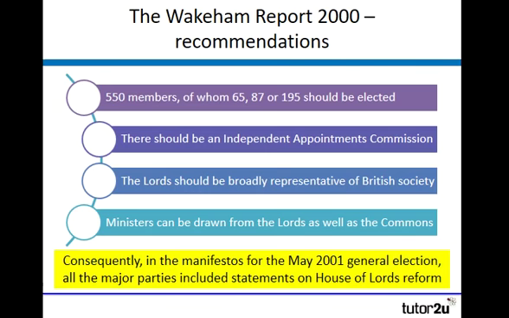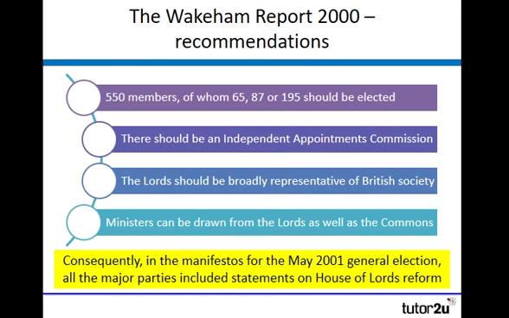They said that there should be 550 members of the House of Lords and came up with specific numbers or proportions of that number who should be elected in elections by the general public rather than appointed. For the remaining peers, those who wouldn't be elected, there should be an independent appointments commission.